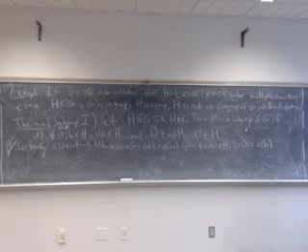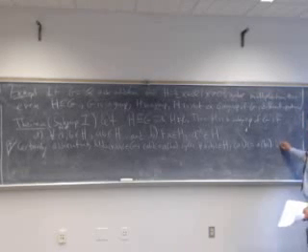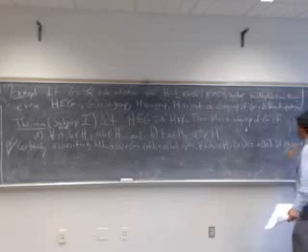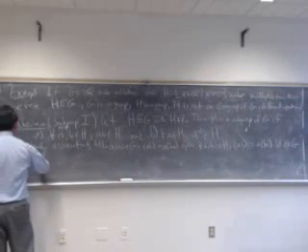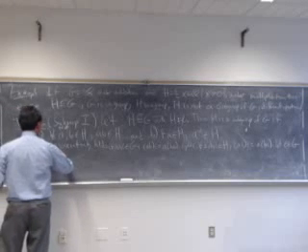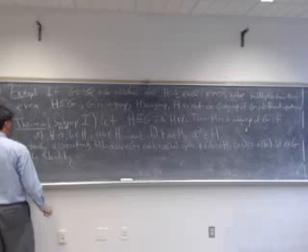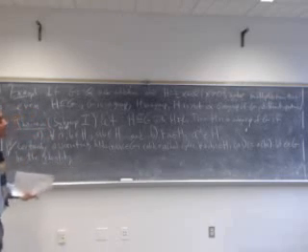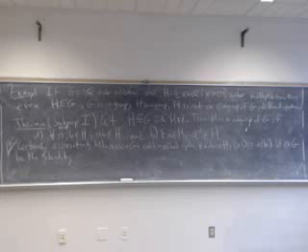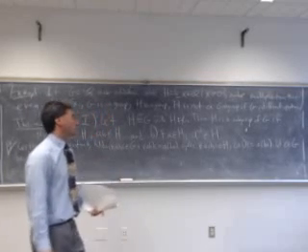What about the identity? Well, we have an identity E in G. Let E be the identity. And that meets the identity property for every element in H. Every x in H, xe is equal to x, and ex is equal to x.